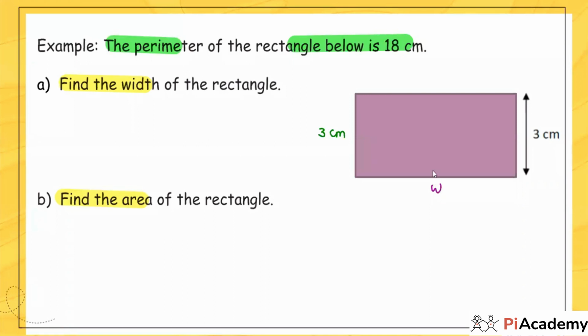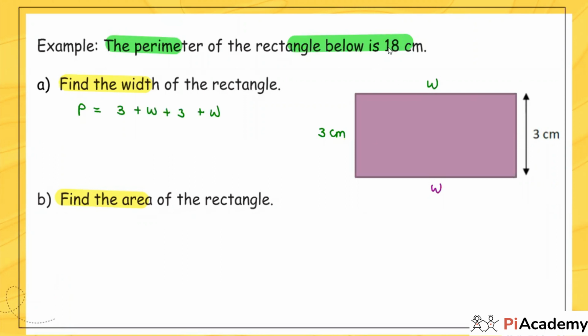Now, if I am saying this is my width, this is also going to be width because opposite sides are equal. Now we know that perimeter is the sum of all the sides. So perimeter equals 3 centimeter plus W plus 3 centimeter plus W, right?